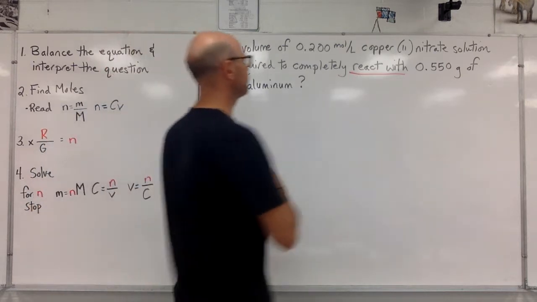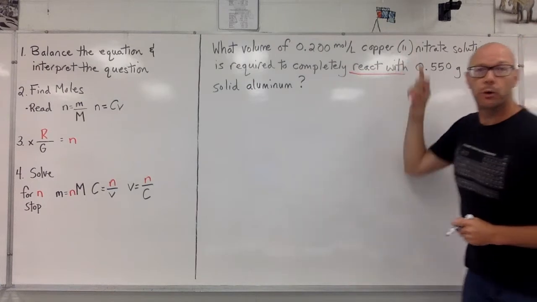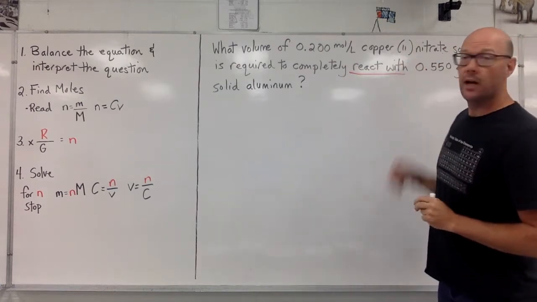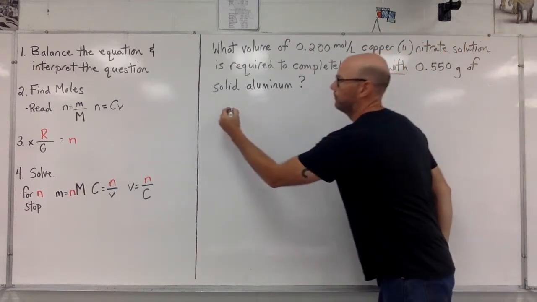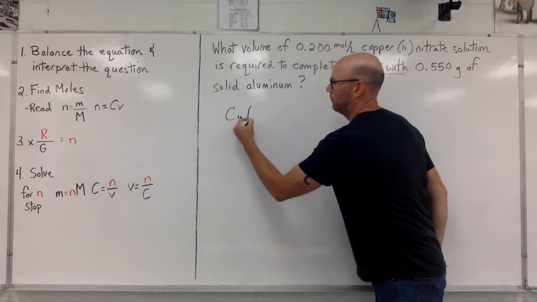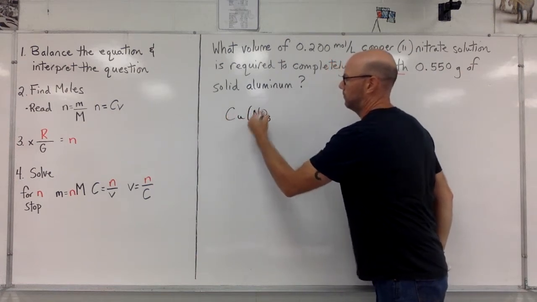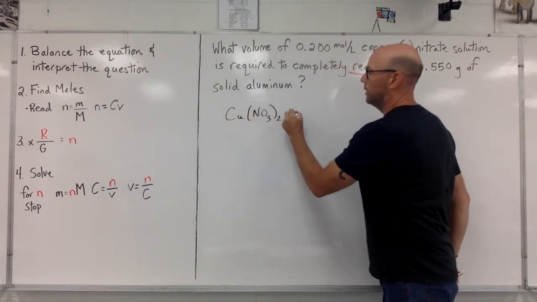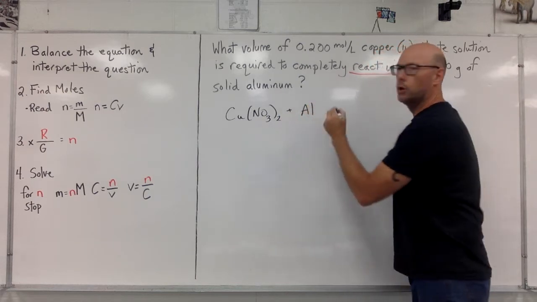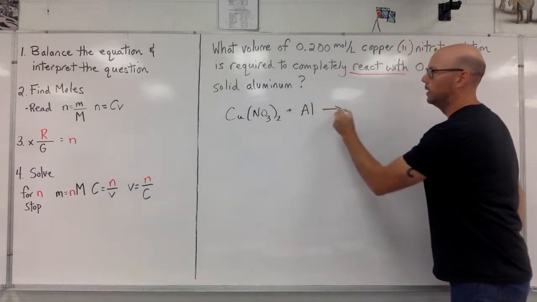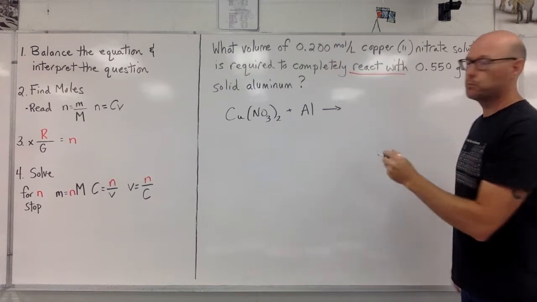Here we go. The Roman numeral 2 on the copper means the charge is 2 plus. Nitrate is a 1 minus. Reacting with aluminum, no subscript for a metal. The copper and the aluminum switch places.